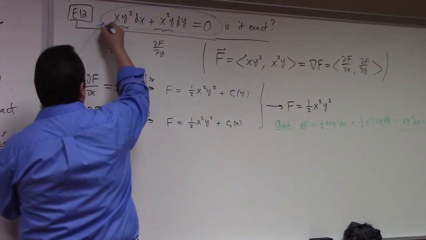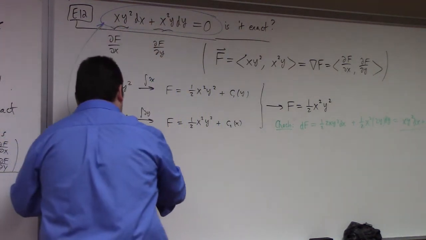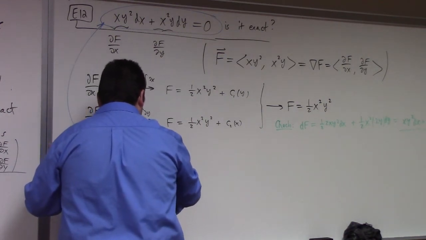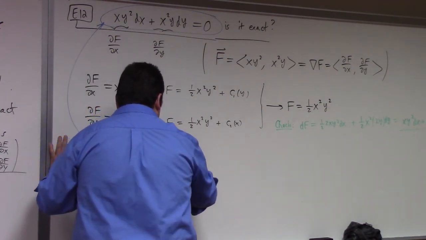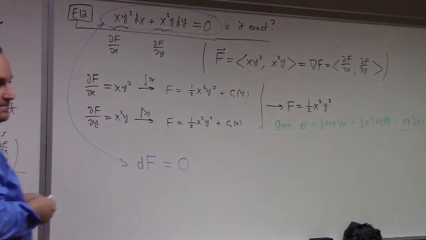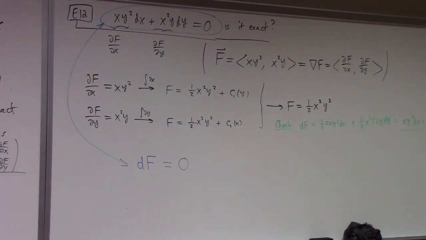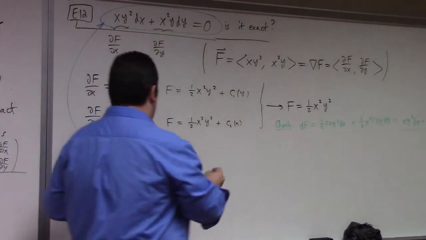This differential equation is the same as df equals 0, where f is equal to 1/2 x squared y squared, right?